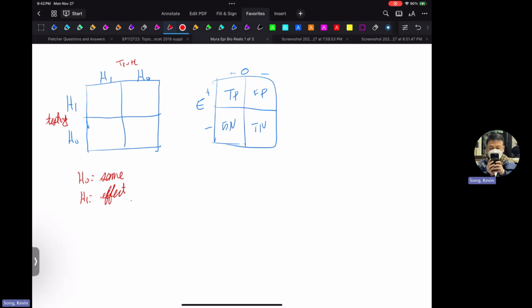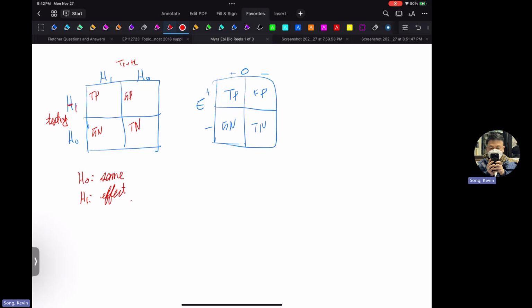Okay, so what happened is that if the test came out to be H1, and you label it here: false negative, exactly the same thing, true negative, false positive, true positive, right?